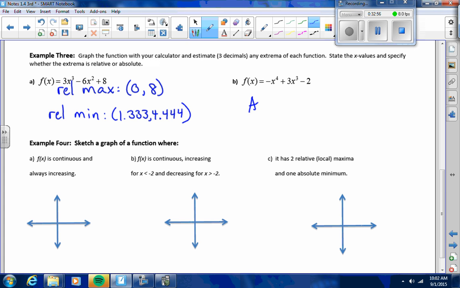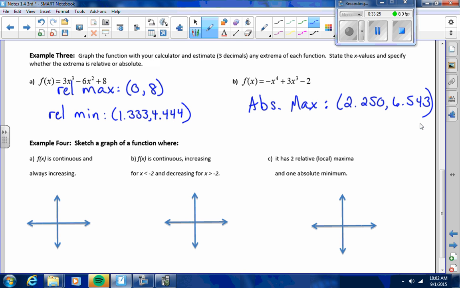So the absolute maximum is where? 2.250, comma, 6.543. Perfect. Is there anything else? No, there was nothing else on that graph. Okay, excellent.